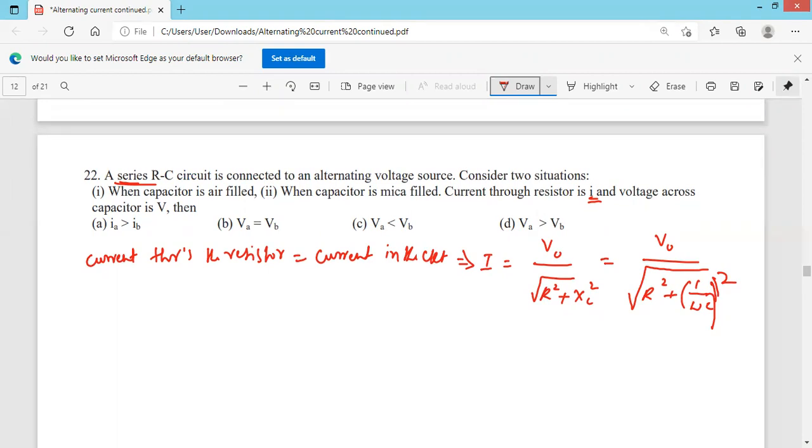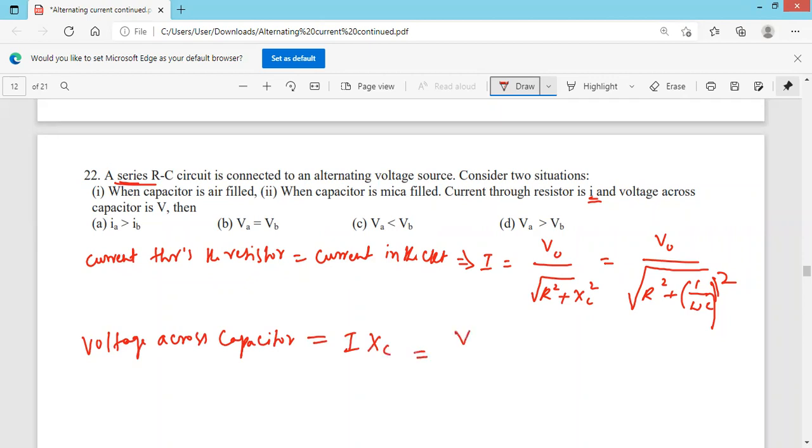Now the voltage across the capacitor. Voltage across the capacitor is equal to the current into the capacitive reactance, XC.